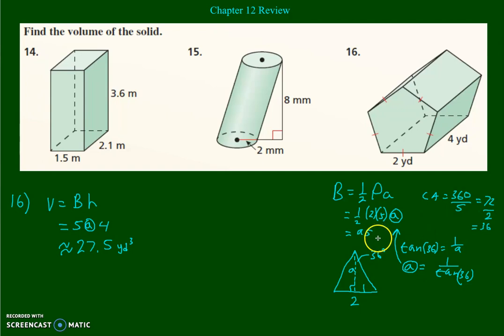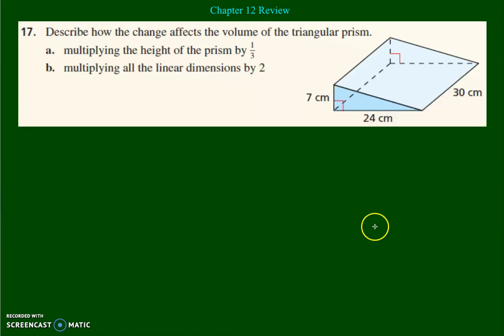All right, let's move on to problem 17. In problem 17, we're being asked to describe how changing certain dimensions affects the volume of the prism. So we're going to do something similar to what we did when we were dealing with changes in area and changes in perimeter. This time we're doing it with volume.